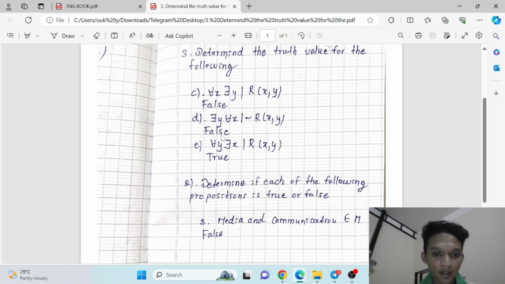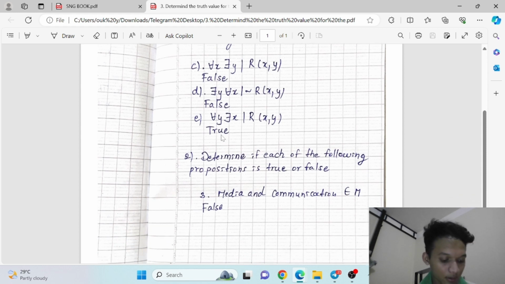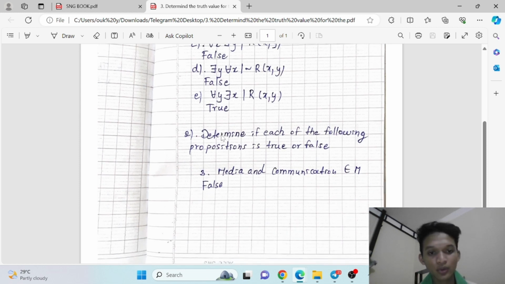And then E, it's true because this statement asserts that for every real number y, there exists a real number x such that the product of x and y is 10. This is true because for any y different from 0, we can choose x equal to 10 over y such that x times y equals 10. So E is true.